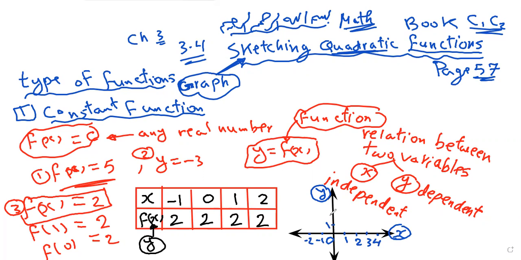Here are values for y: 1, 2, 3, and down, it will be -1. About your points, this is your points. It will be -1, 2. The other point will be 0, 2. The third point, 1, 2.